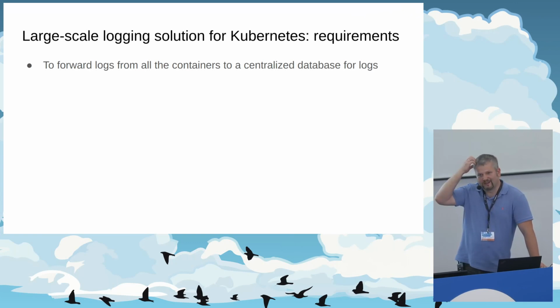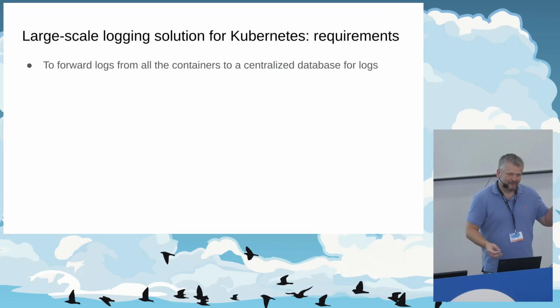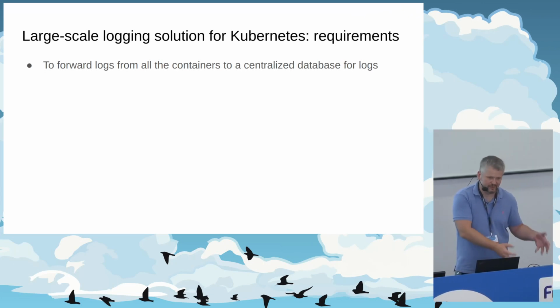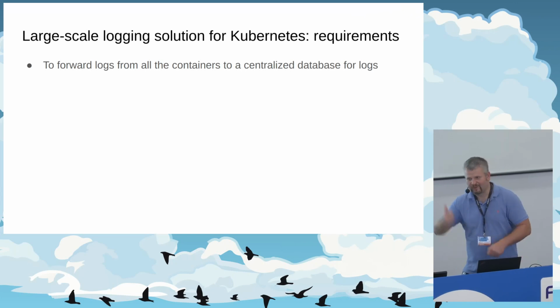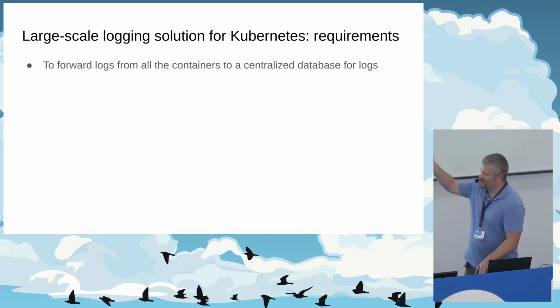Almost every popular open source log shipper, such as Filebeat, Fluent Bit, Promtail, and so on, satisfies this requirement. They can be installed on every Kubernetes node and collect all the logs from all the pods, all the containers running on every Kubernetes node, and push them to the configured centralized database for logs. So this problem is solved.